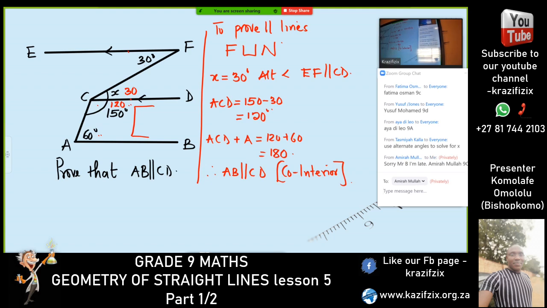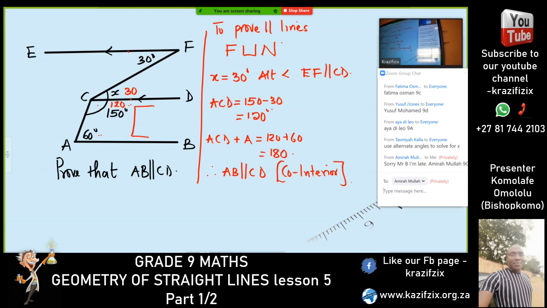Alright? Okay, Amira, you're welcome. Guys, tell me if you're okay with this question. To prove that those lines are parallel, we said let's try to prove one of the F angles, proving alternate, co-interior, and corresponding.